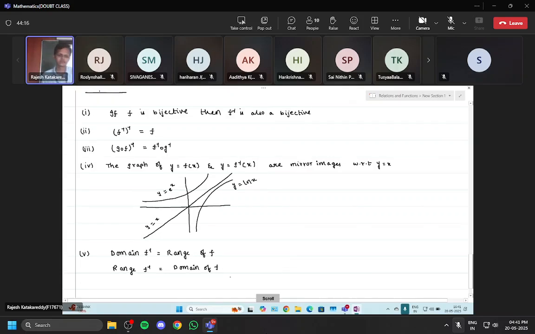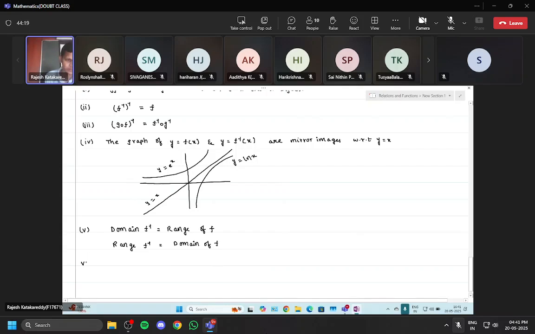One more thing I can say: the solution of the equation f of x is equal to f inverse x can be obtained by solving f of x is equal to x and f inverse x is equal to x.